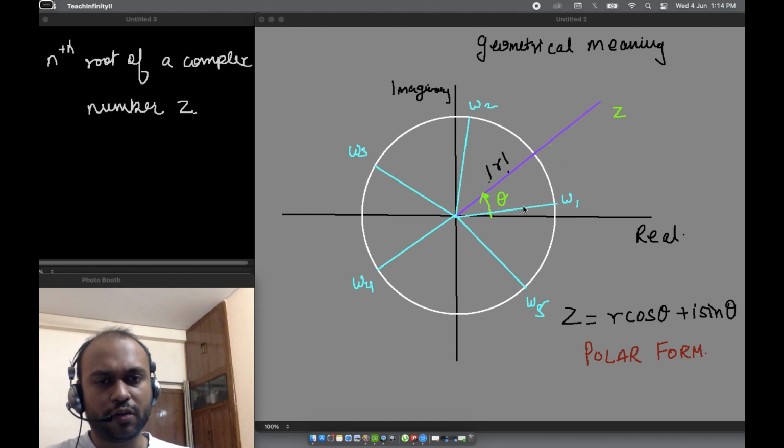Now you know that the complete angle is 360 degrees, or 2 pi radians. If you want to find 5 sectors, 1, 2, 3, 4, 5, you divide 360 by 5.